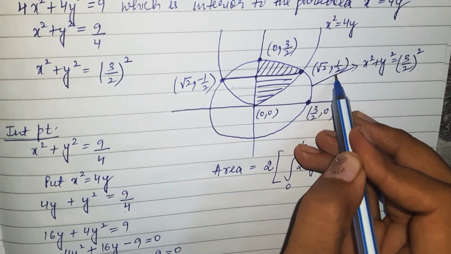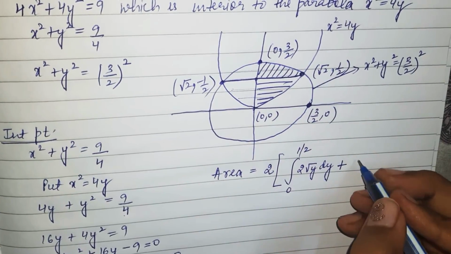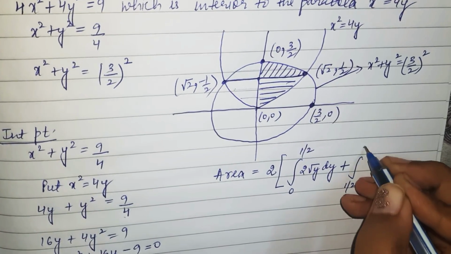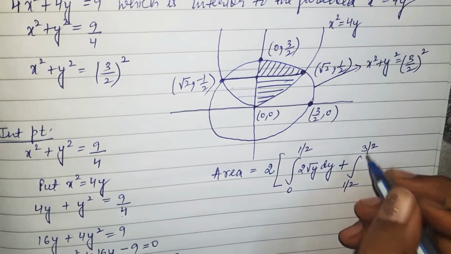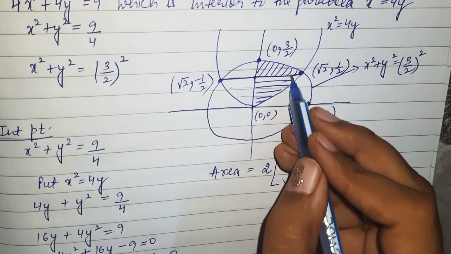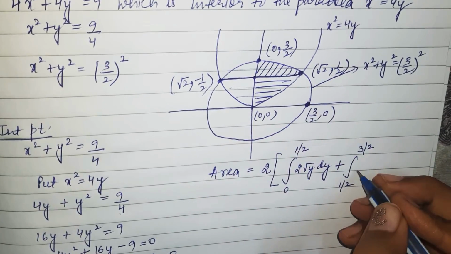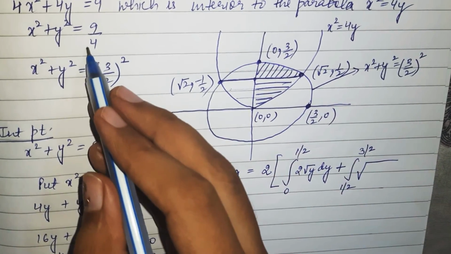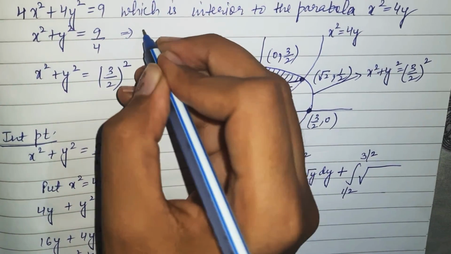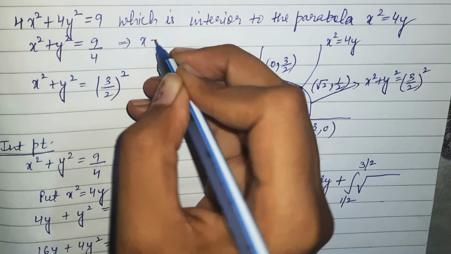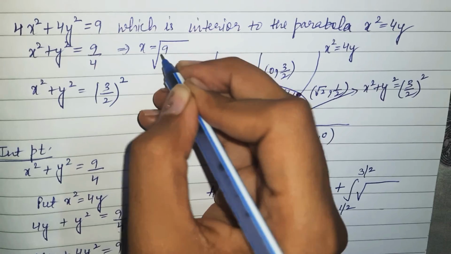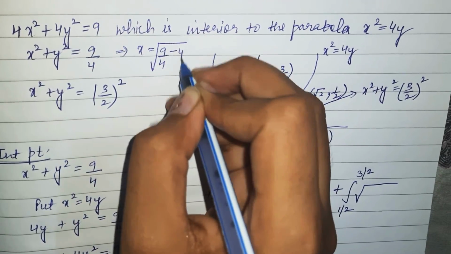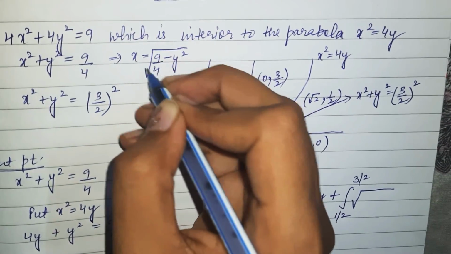Now we need to take the limit of y, 1 by 2 to 3 by 2. So 1 by 2 to 3 by 2 will give you the equation of the circle. Whenever you are solving the equation of the circle, you will get x equals root of 9 by 4 minus y square. Root just because of the square.